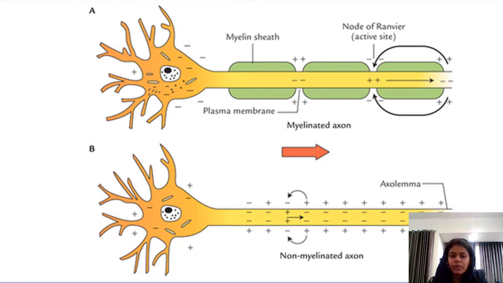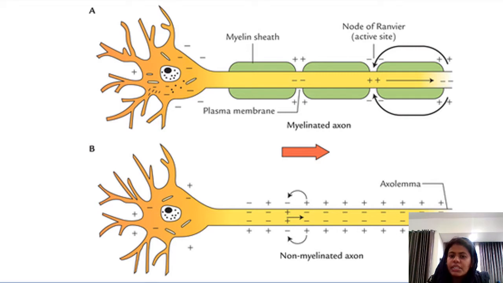And in this picture, you can understand the difference between these two. In the first picture, you can see the myelin sheath in green color, and a gap in between these myelin sheaths, which is called a node of Ranvier. All this myelin sheath acts as an insulator, so the action potential cannot be created in this area. Only in the node of Ranvier is the area excitable.